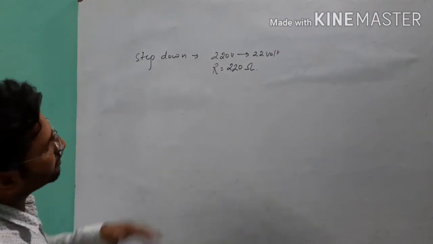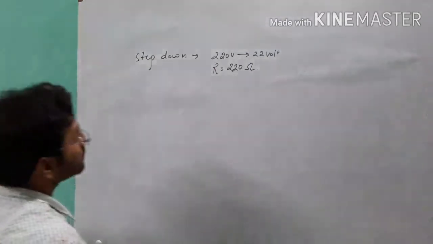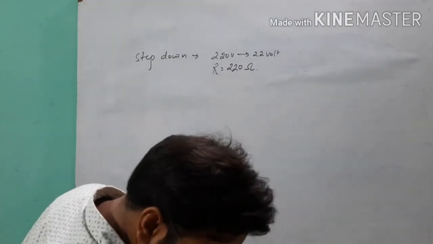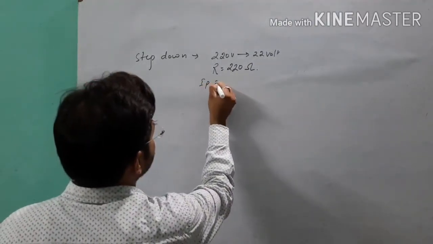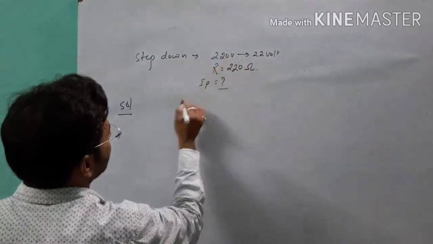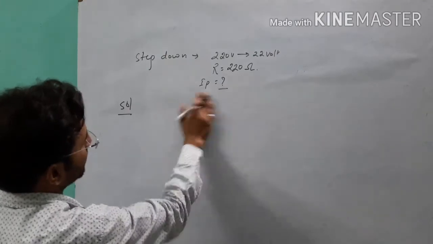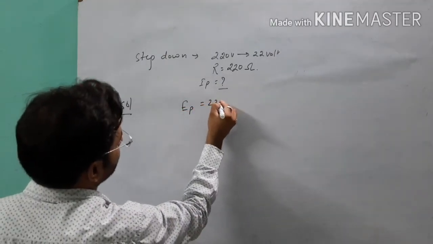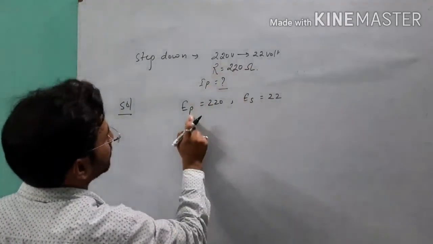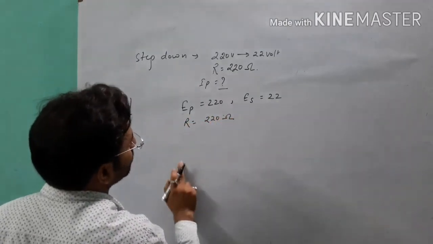So here in this numerical the transformer is step down. What we have given and what we want to find: how much current is drawn in the primary coil of the transformer, Ip is the question mark. For that, we have the relation. First, the voltage in the primary coil, you can write Vp or Ep: Ep we have given 220, and Es we have given 22, the secondary coil voltage, and the resistance is equal to 220 ohm, it is a load resistance.